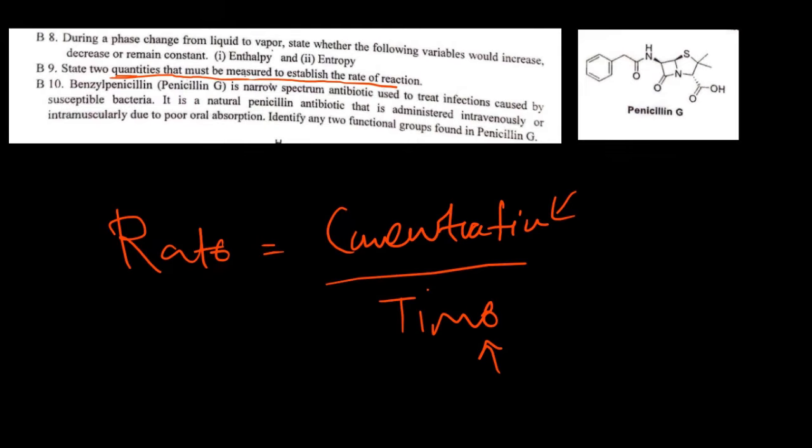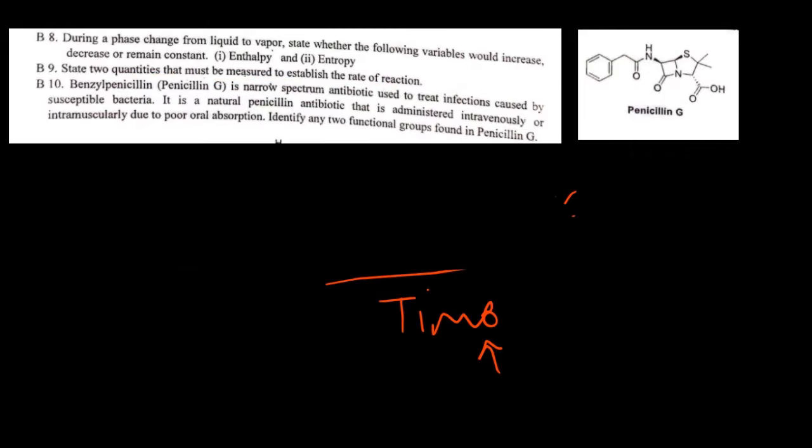So the last question is on what now? Okay, they're saying benzylpenicillin, which is also known as penicillin G, is a narrow spectrum antibiotic used to treat infectious diseases caused by susceptible bacteria.